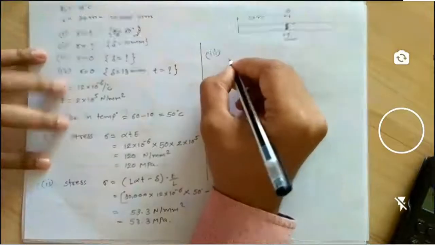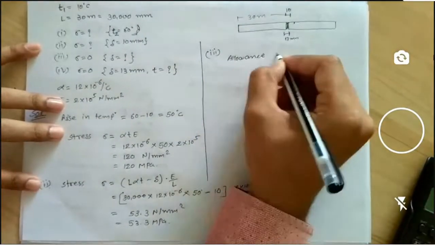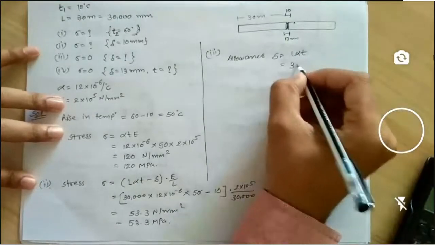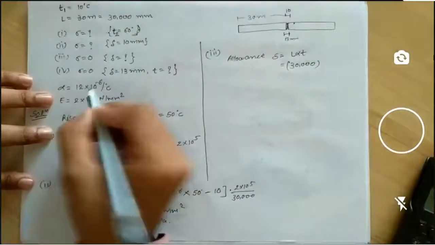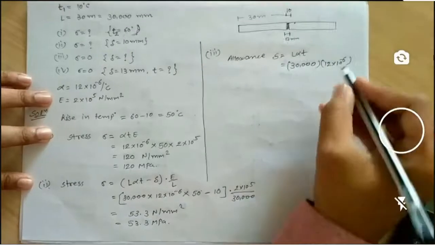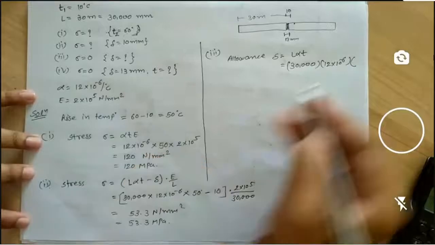So the allowance delta is L alpha T. L is 30,000, alpha is 12 into 10 raised to minus 6, and T, the change in temperature, is 50 degrees Celsius.